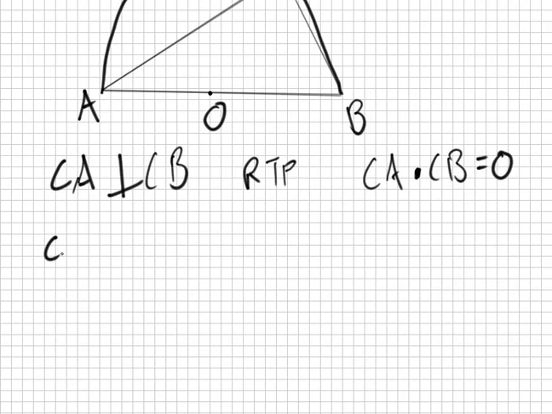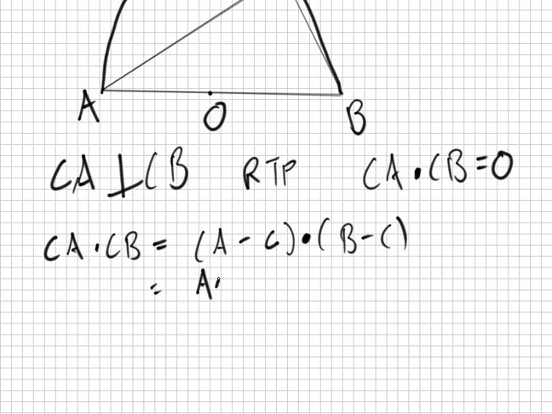CA dot CB, that equals (A minus C) dot (B minus C), which is A dot B minus A dot C minus C dot B plus C dot C.